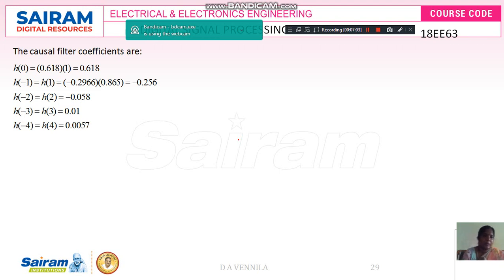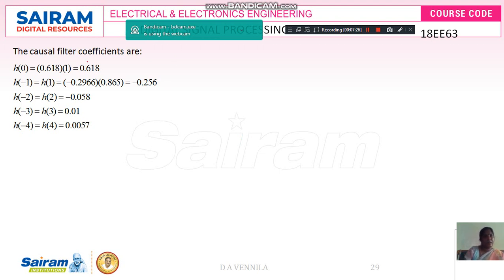In the first problem, they gave the desired frequency response, and from that we calculated the filter coefficients. In one more problem, they gave the frequency response, and from that we calculated the filter coefficients. Now in this problem they gave the cutoff frequency, and from that we got the filter coefficients.